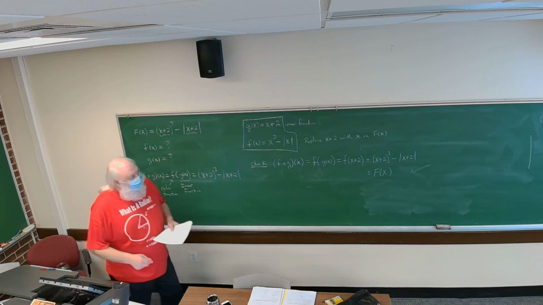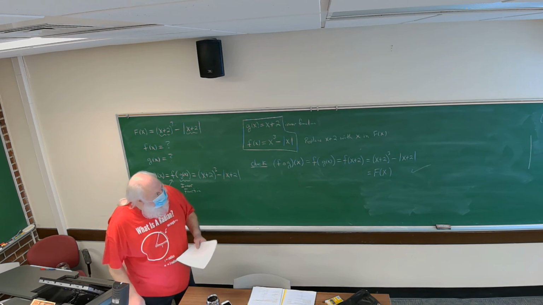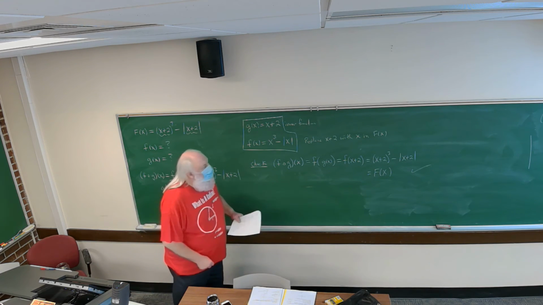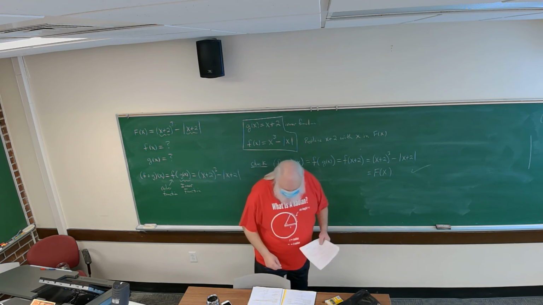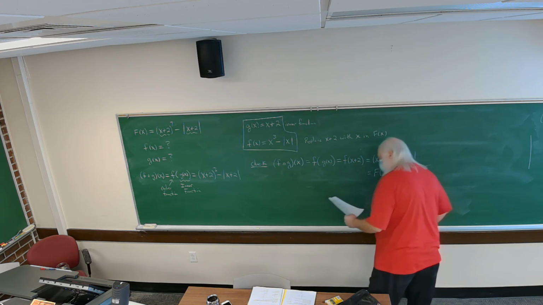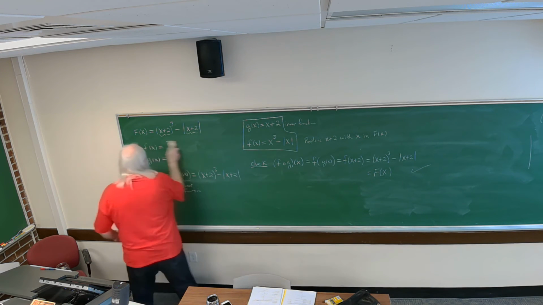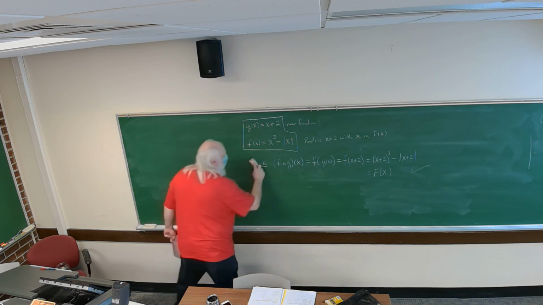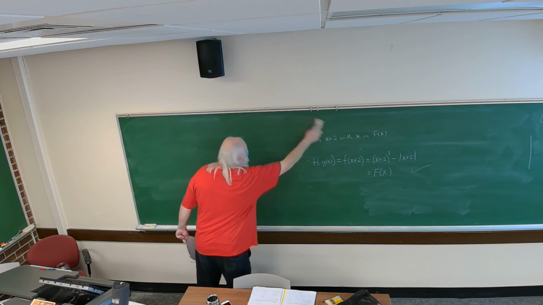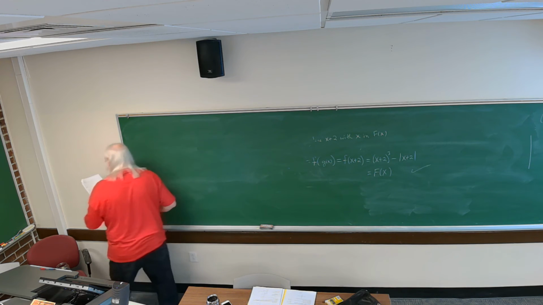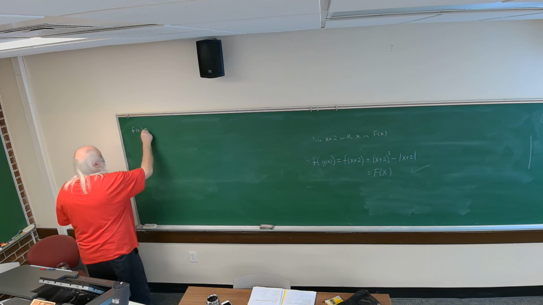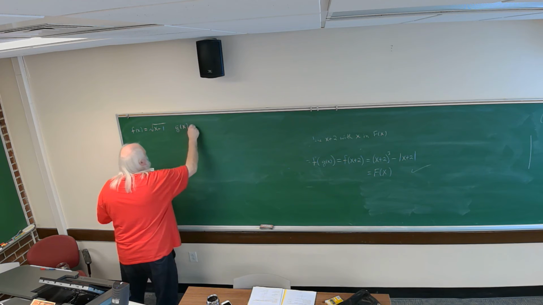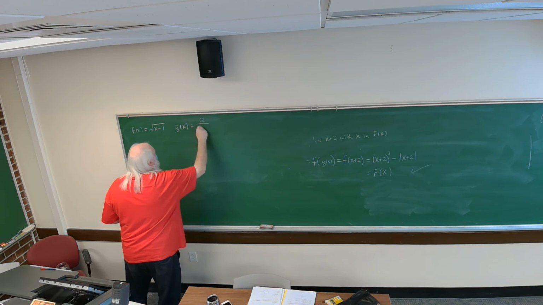All right, example 6 now. All right, we're given f of x and g of x. f of x is equal to square root of x minus 1, and g of x is equal to 2 over x minus 3.